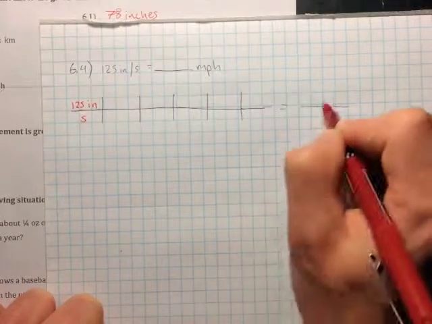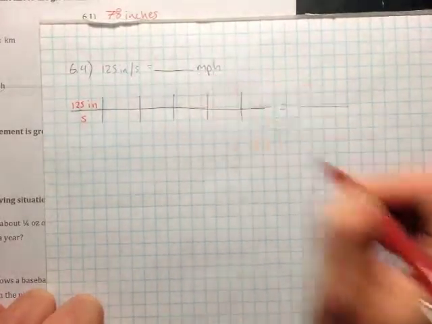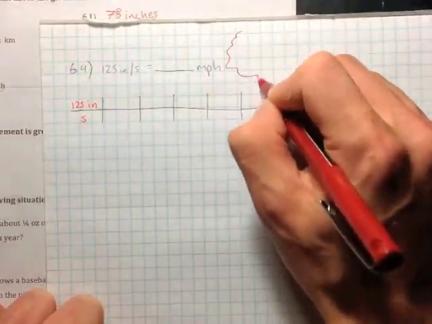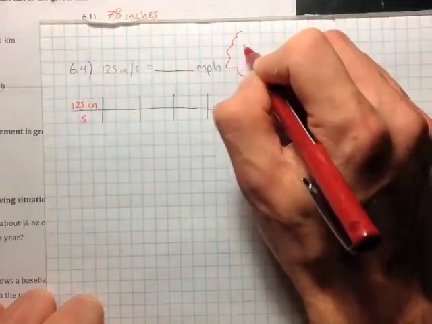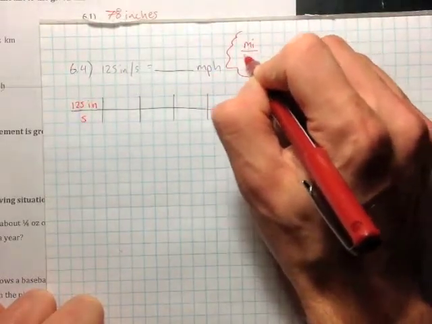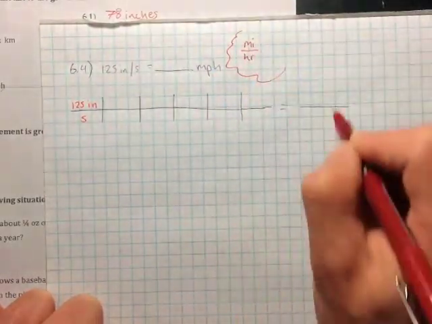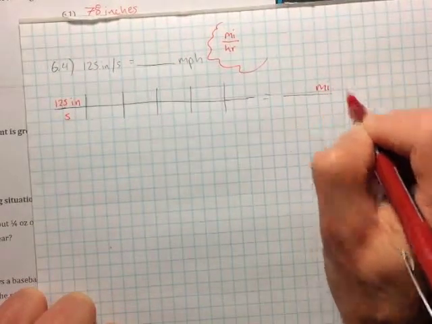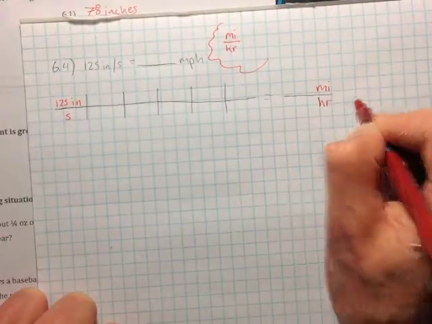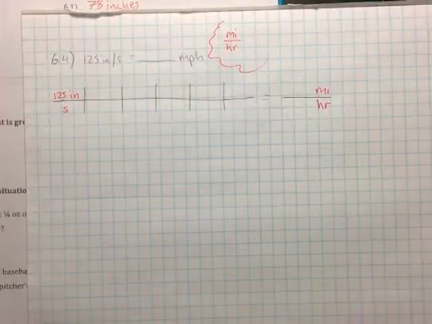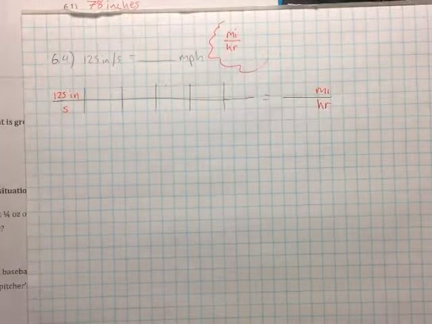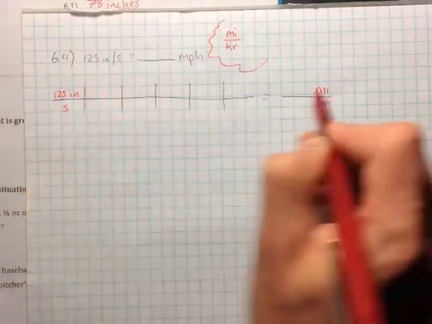Now, we are converting to miles per hour. Now remember, thought bubble here, MPH really stands for miles over hour. Alright? So over here we're going to have miles on top, hours on bottom. Now, you don't need to set it up this way, but it will really, really help you out if you do.